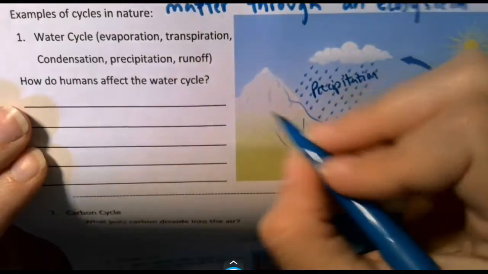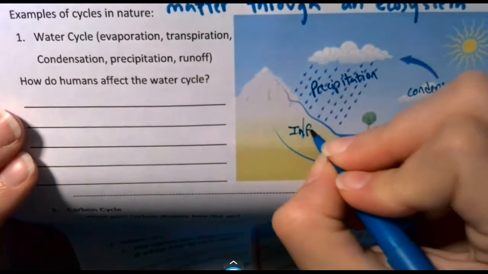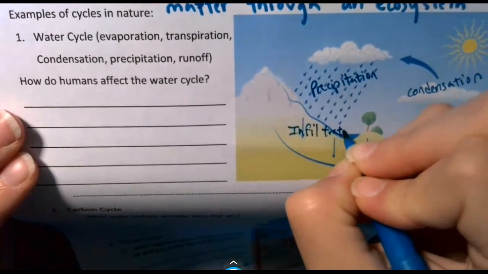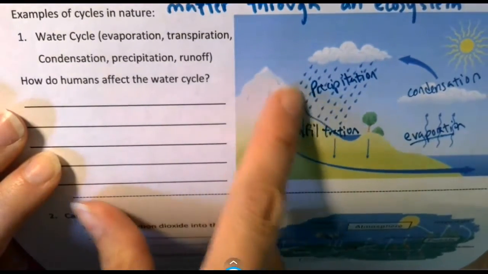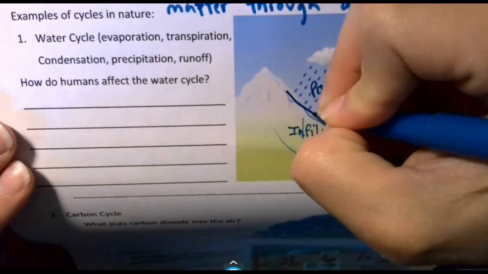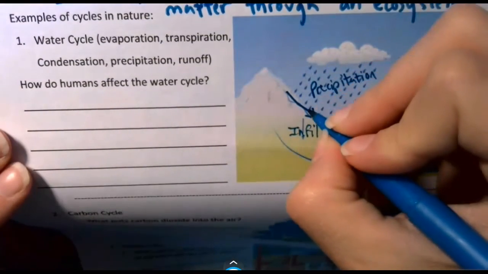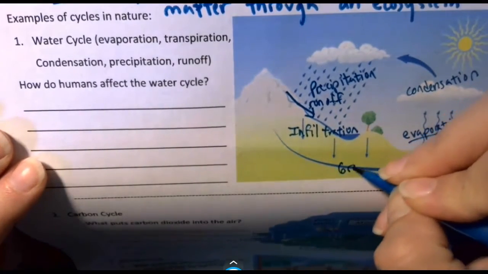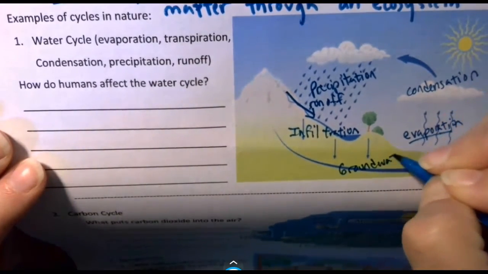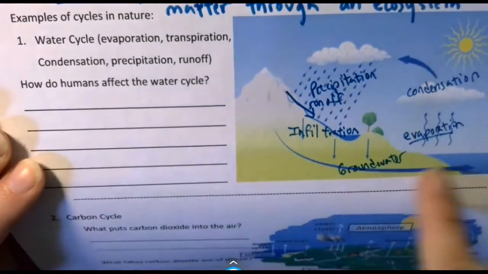Okay? We have infiltration as water goes into the ground. We have water running down the surface, and this is runoff. We have groundwater, underground water. But you can see it's a big cycle that continues.